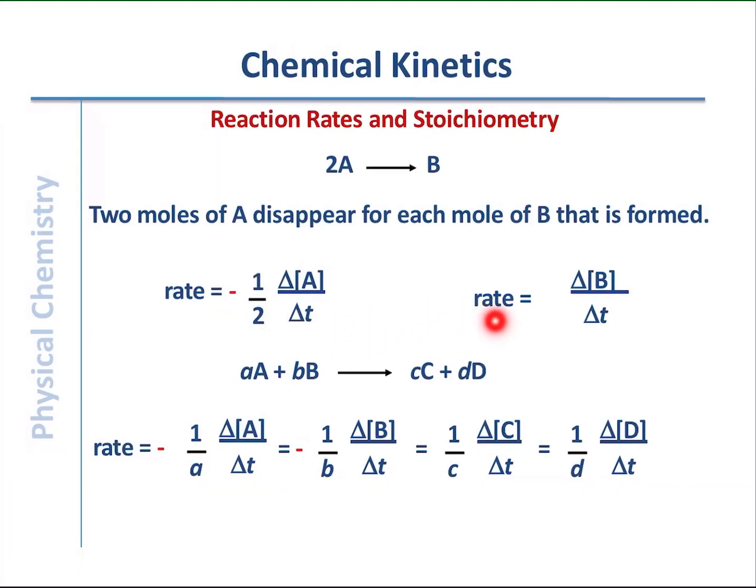The same rate can be calculated according to B, the product, and will be divided by 1 because the ratio of the product is 1.